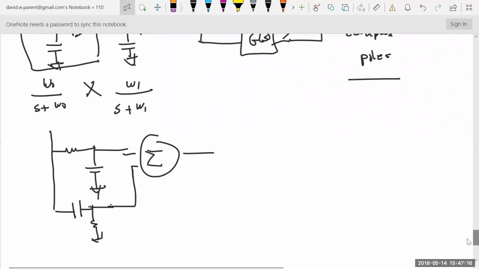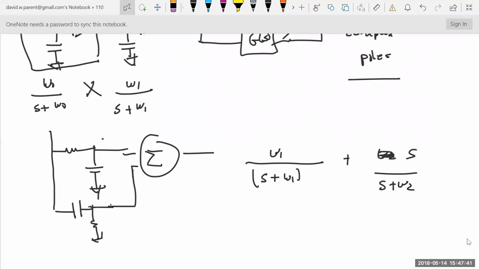Okay. I have a high pass, a low pass, and a high pass. This has a real pole, that has a real pole. When I sum them, right, how do you find, let's say this gives me omega 2, this gives me omega 1, right? So I have the high pass and the low pass. How do I combine these?